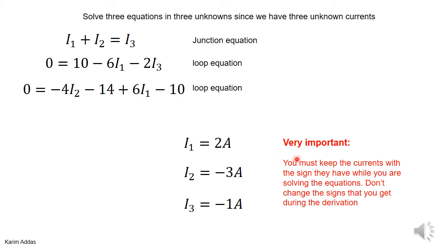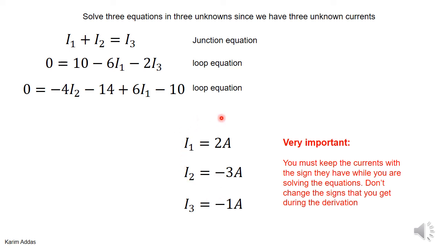During the steps, if you get a current that's negative, and let's say you got I1 is 2 and I2 is minus 3, when you come to get I3, you have to plug in the value of I2 as minus 3. You can't put it as plus 3. We know that in the end we're going to flip the directions, because the current here is negative and the current here is negative. That means the wrong direction. But during the solution, you have to keep them as they are, the negative values that they are.